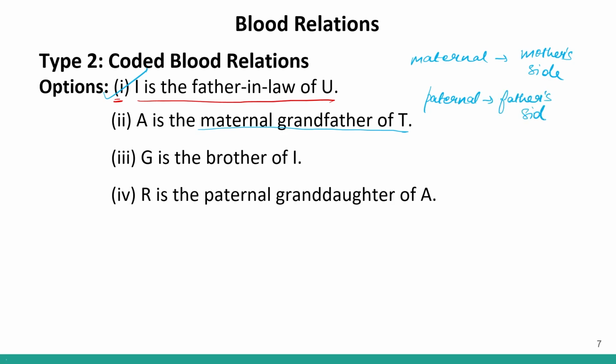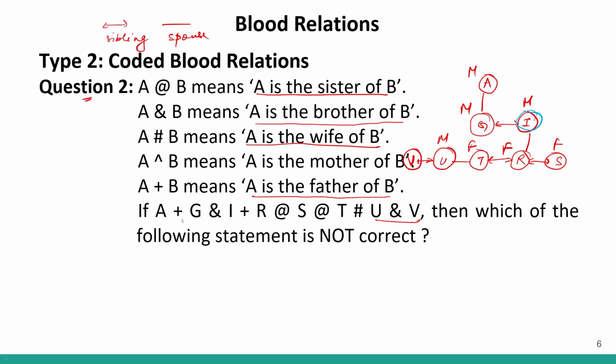Correct? Now, so A is the maternal grandfather of T. So let us check. A is the maternal grandfather of T. So A, I can see, is basically not maternal but paternal, because A is I's father and I is T's father.